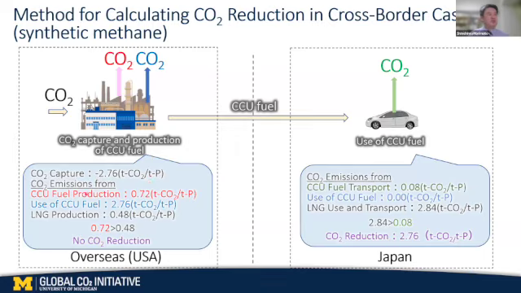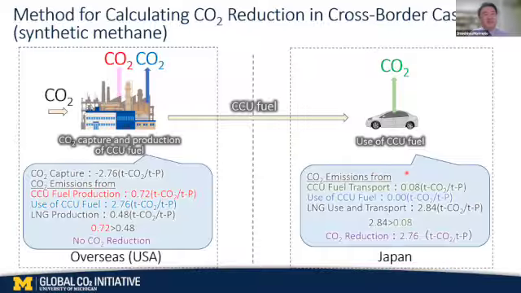CO2 emission for the red part is 0.72, and for use of CCU fuel, 2.76. And total, it will be 0.72, and it's larger than 0.48, which is the CO2 emission from liquid natural gas. So from the US side, there will be no CO2 reduction.